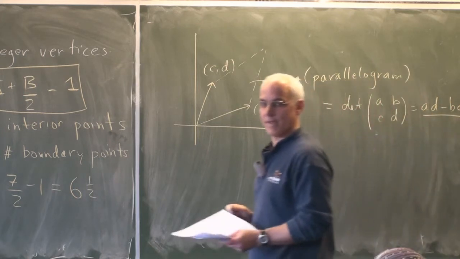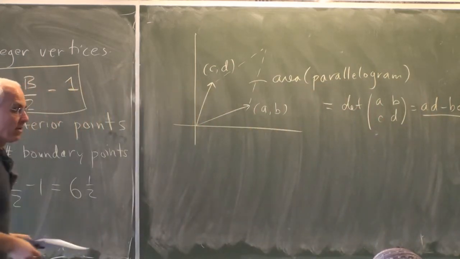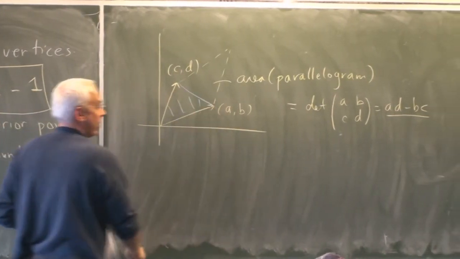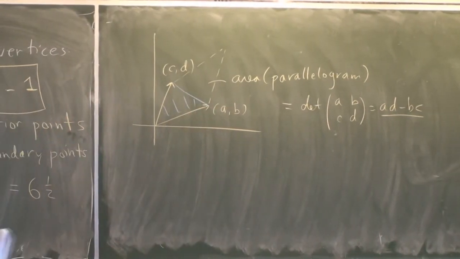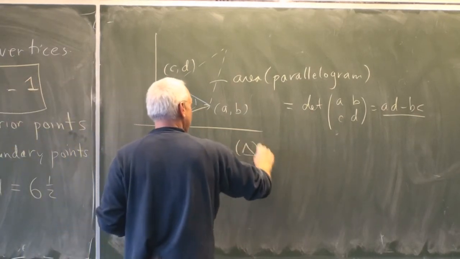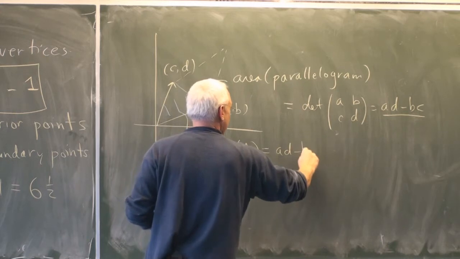Right. And so the area of this triangle would then be half of that, AD minus BC over 2.